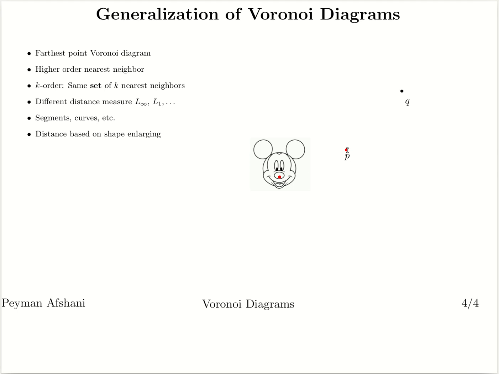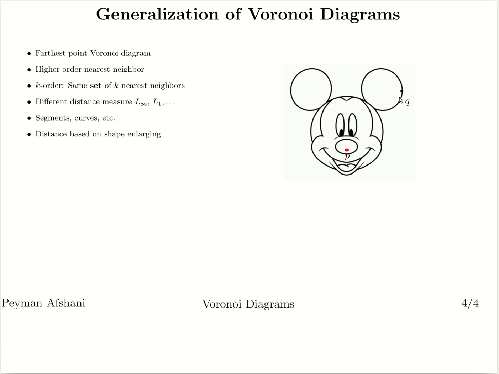So to define the distance between point P and Q, I would put the shape with the pinned point on top of point P, and I could enlarge it until it touches point Q. And the smallest amount that I need to enlarge it, I could define as the distance between P and Q. And I could define the region of Q to be the set of points of the plane for which, when I enlarge the shape on top of point P, I get to the same point Q. So you could define, for instance, a Mickey Mouse Voronoi diagram.